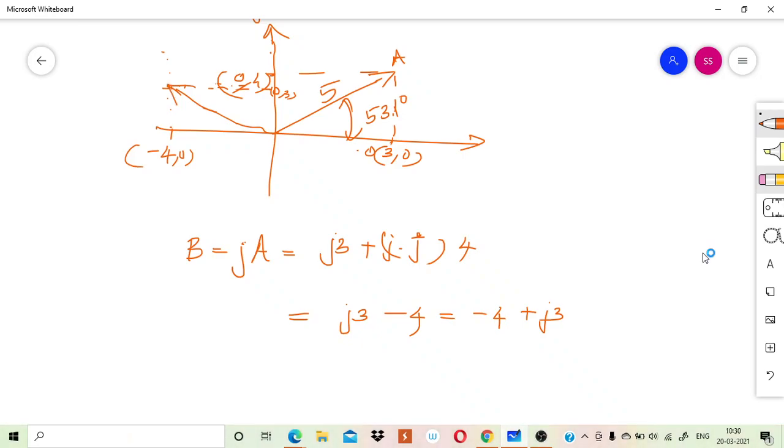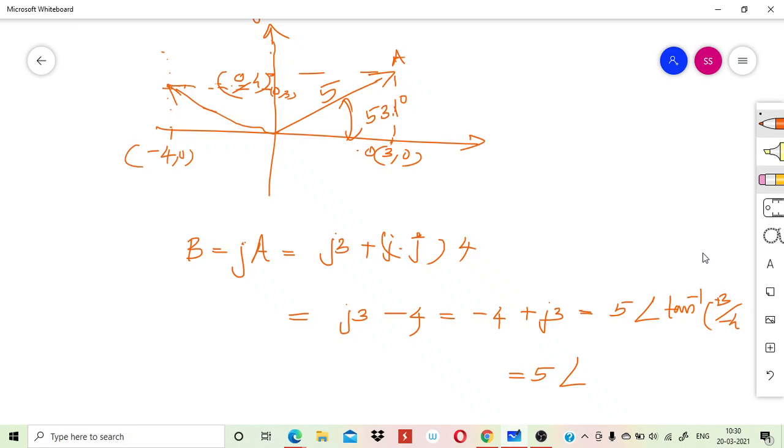Okay, and the phasor in polar form will be r at an angle theta, where r is equal to the square root of minus 4 squared plus 3 squared. Again, it is nothing but 5, right? And the angle is tan inverse of 3 by minus 4.